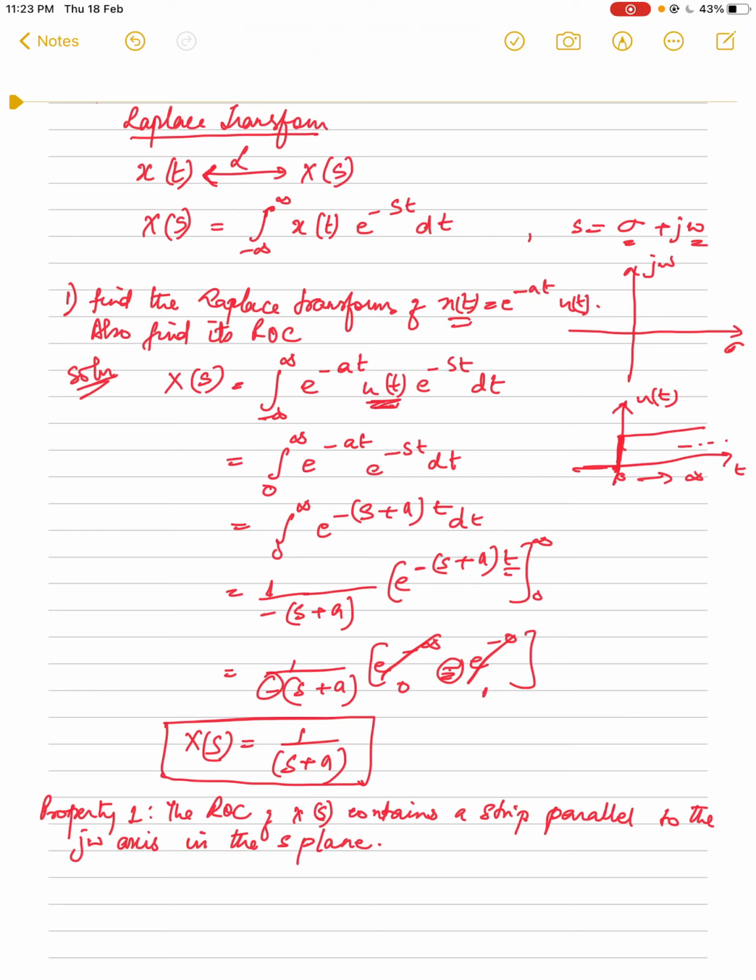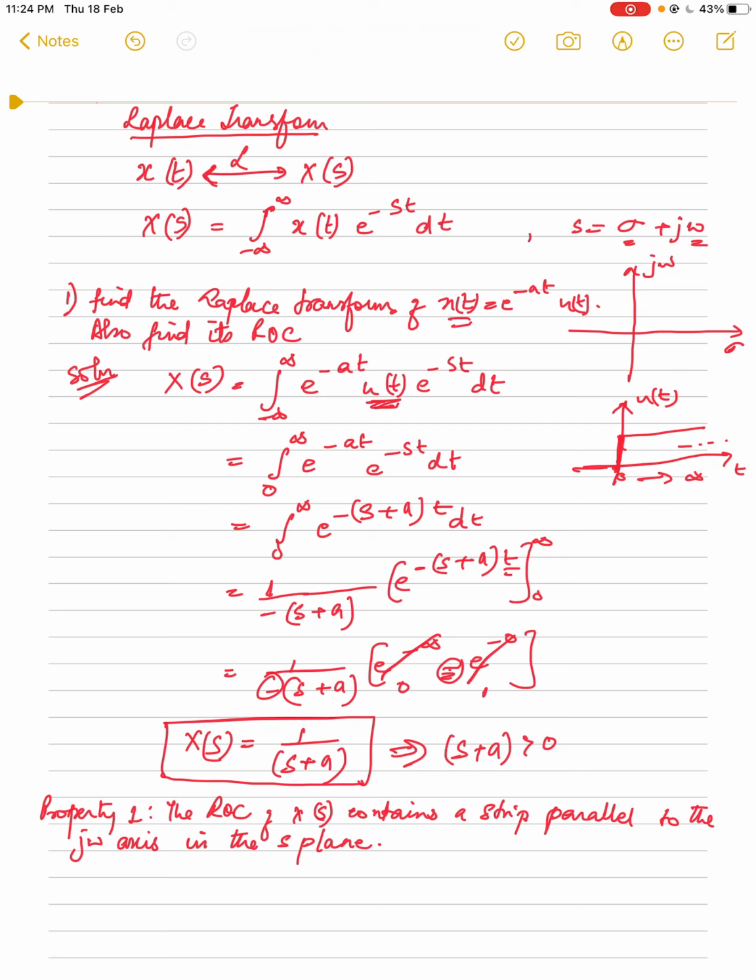Why do you need a region of convergence? Because most systems either converge or diverge. When a system converges, it means you're trying to make it stable. When a system diverges, it means you can't control the response of the system. So to make a system stable, from this ROC, your s plus a should be greater than 0.